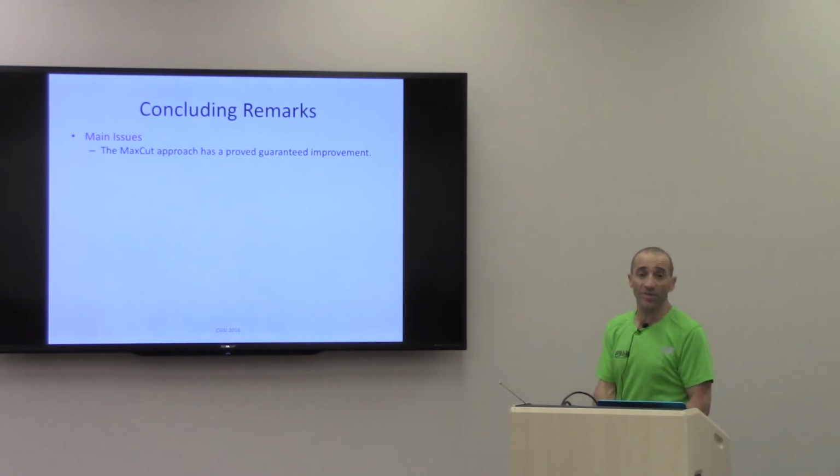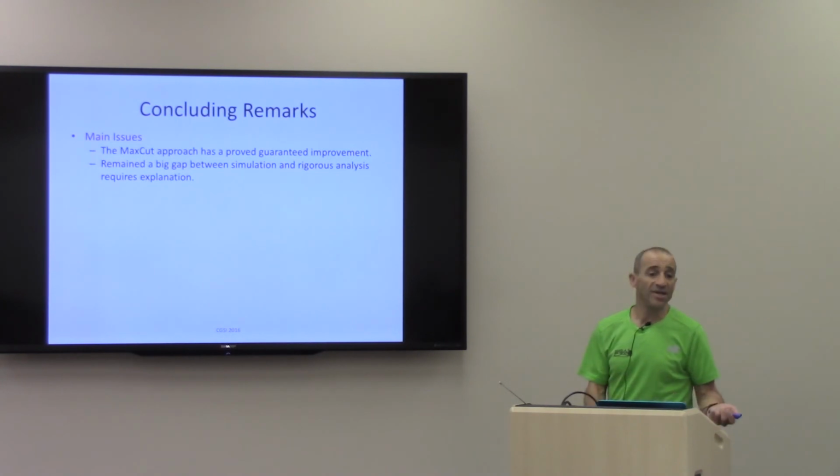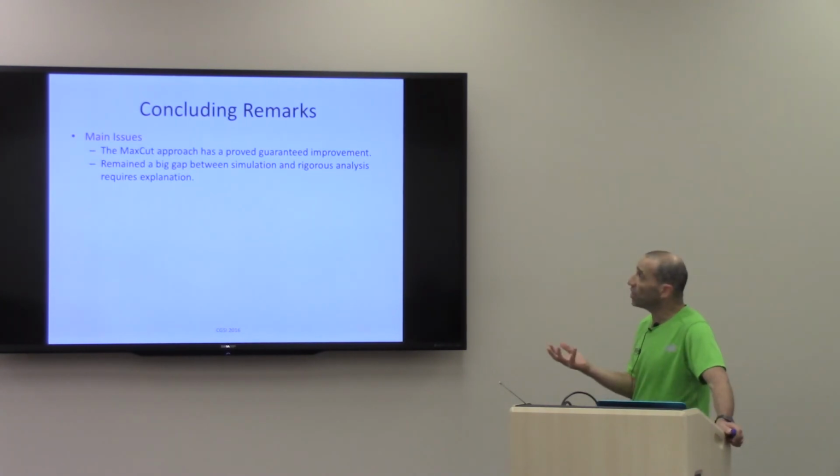The 0.425, okay, remained a big gap. In our simulation, when we simulate the input and apply the heuristic, we get as if we solve the problem, we just reconstruct the trees.